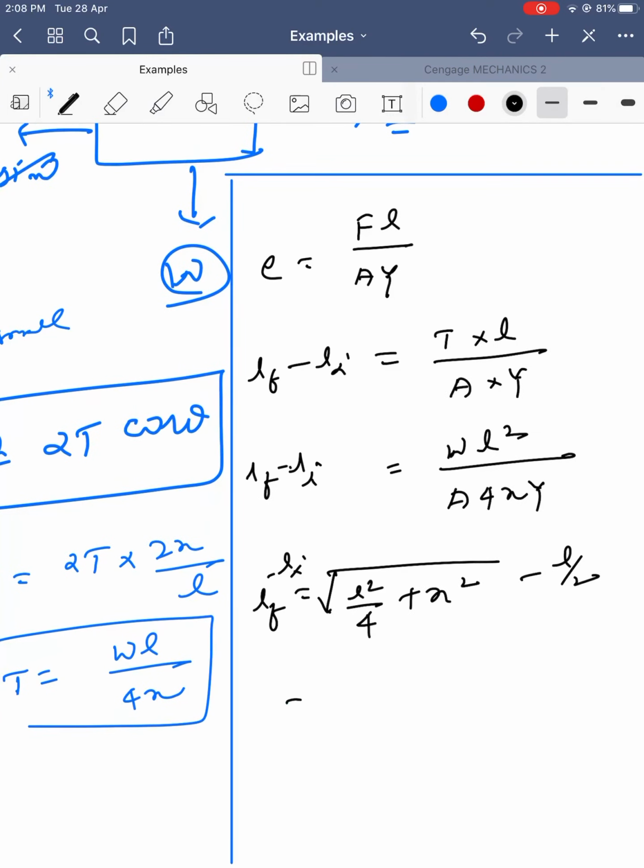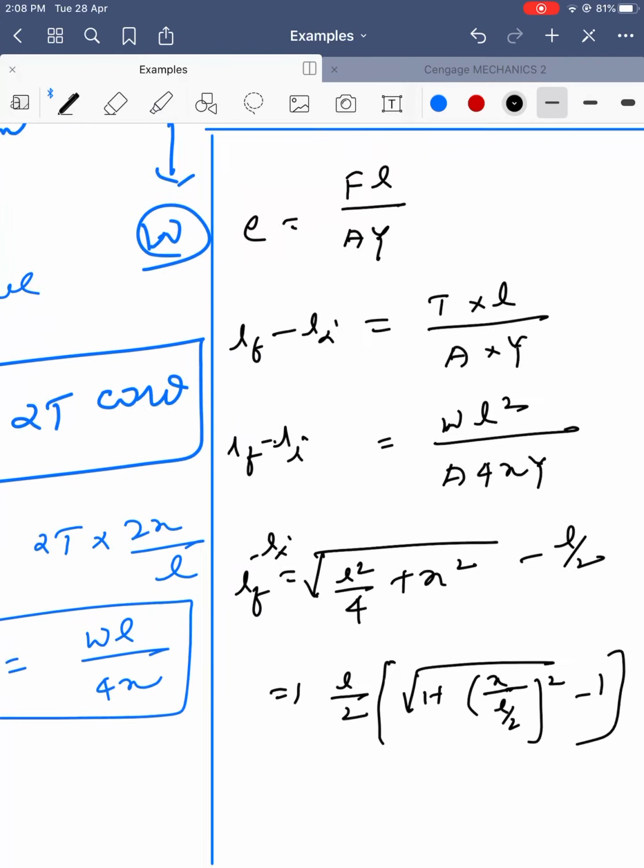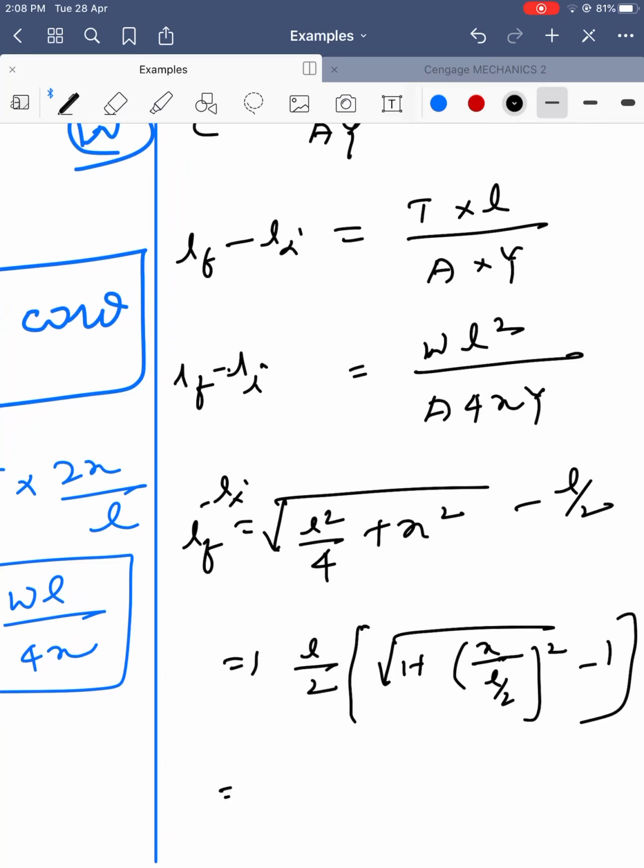If we simplify, I can take out the common factor L by 2 from this. So the entire thing becomes L by 2 into square root of 1 plus x by L by 2 whole square, minus 1. Let's simplify this part again.